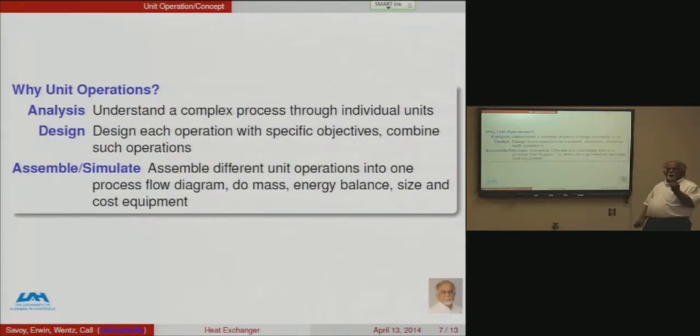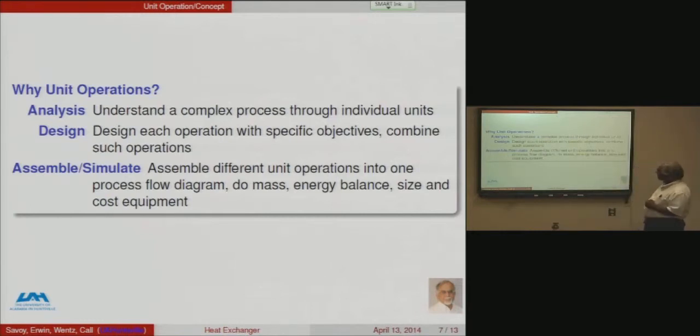So why unit operation? It helps us to analyze the chemical process a little more easily, to understand a complex process through individual units. And the other advantage is that if you want to build a chemical plant, you don't build the chemical plant all at once. You build individual units and then you join them together. So you can join up a distillation column, you may have a heat exchanger, you may have a reactor and so forth.